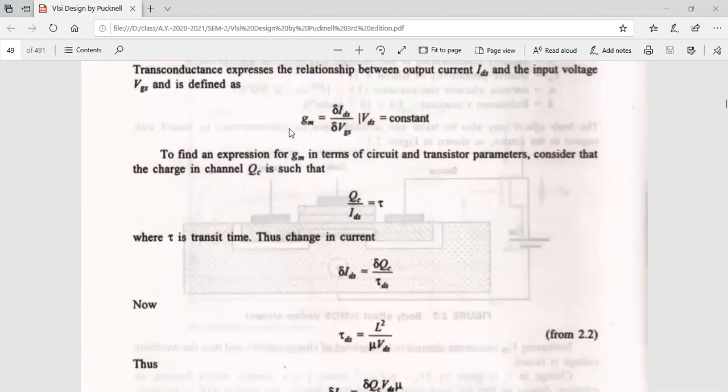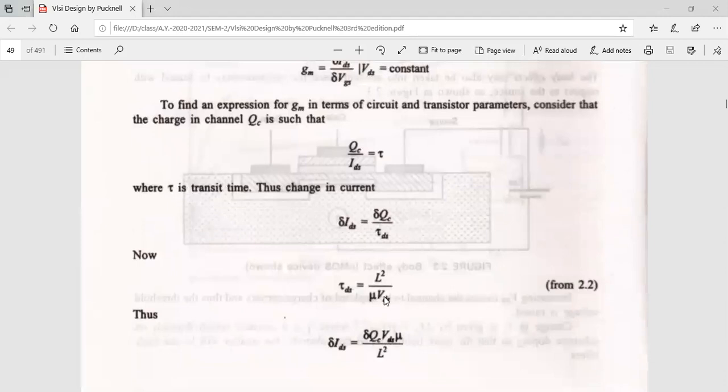So we require to give the equation for the transconductance also in terms of circuit and transistor parameters. In terms of delay, if you want to note the value of delay, this is with respect to QC, the charge of the channel, divided by the current IDS. Tau is the transit time. So you can substitute those values, and we can have the value for tau DS.